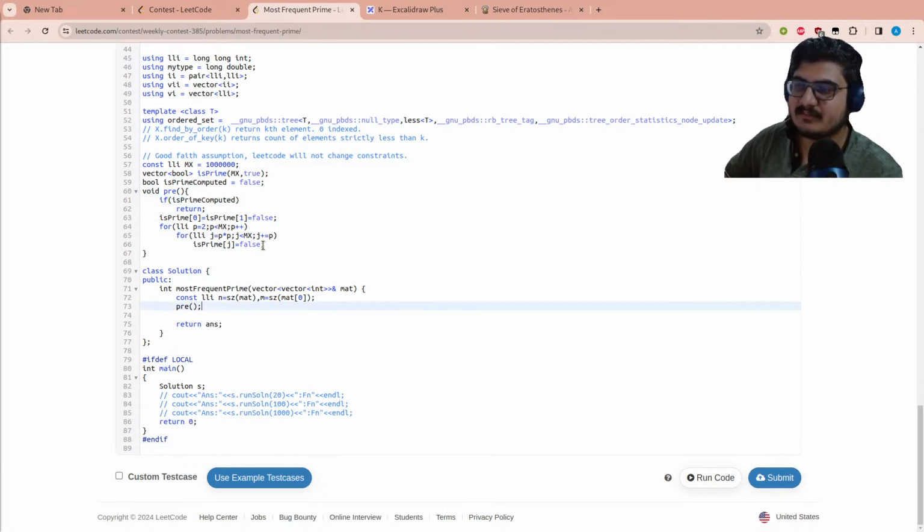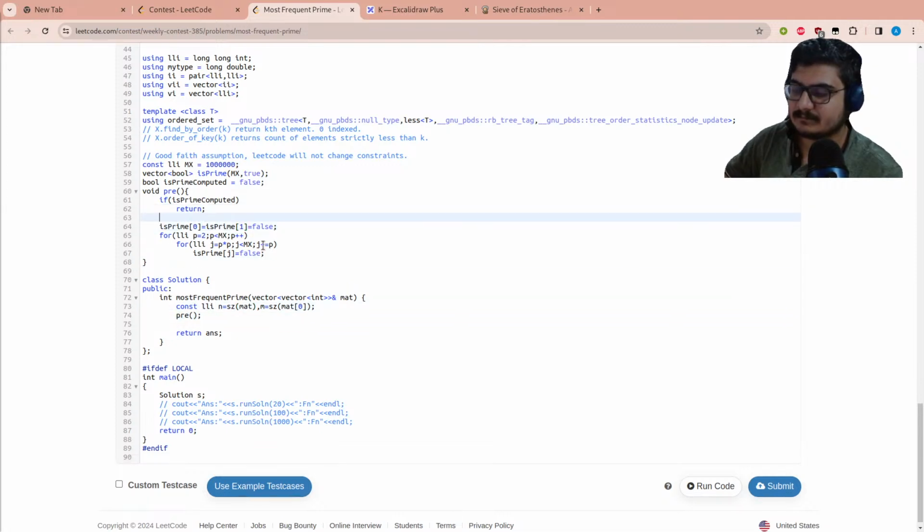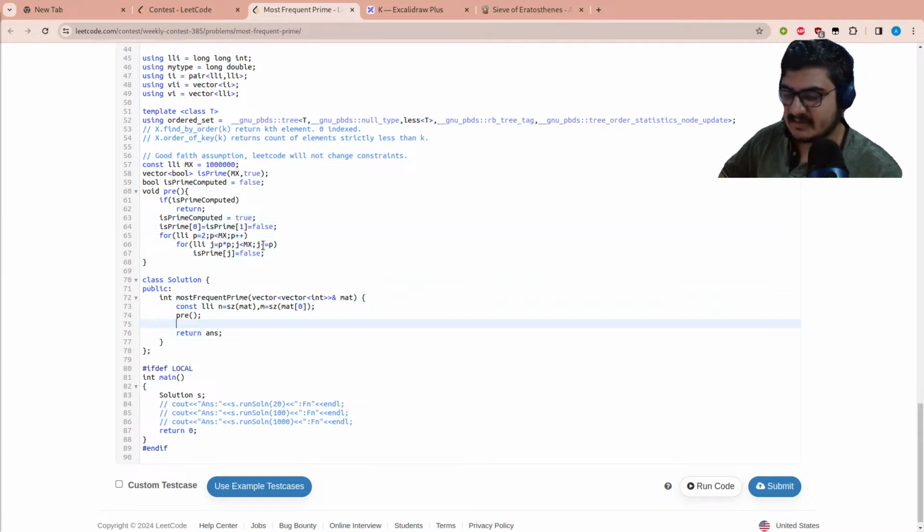If we have already computed which numbers are prime, we should not call it again. And once we have known all the directions, now we can fix the direction of x and y as well.